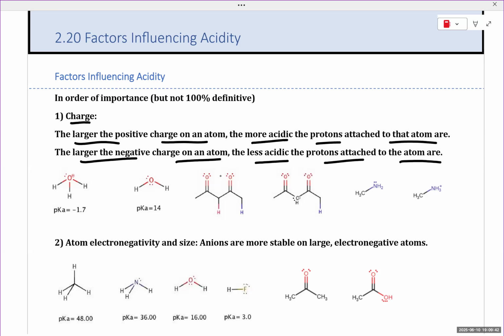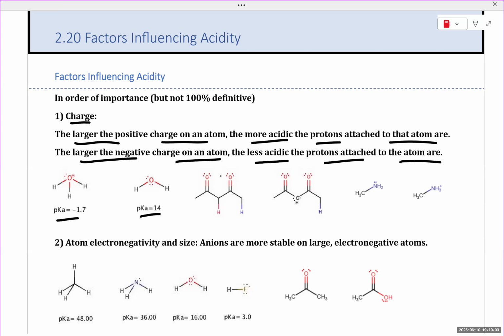For example, if you protonate water, protonated water or H3O plus has a pKa of around -1, while normal water has a pKa of 14. The more positive charge you have on an atom, the more acidic that atom would be.